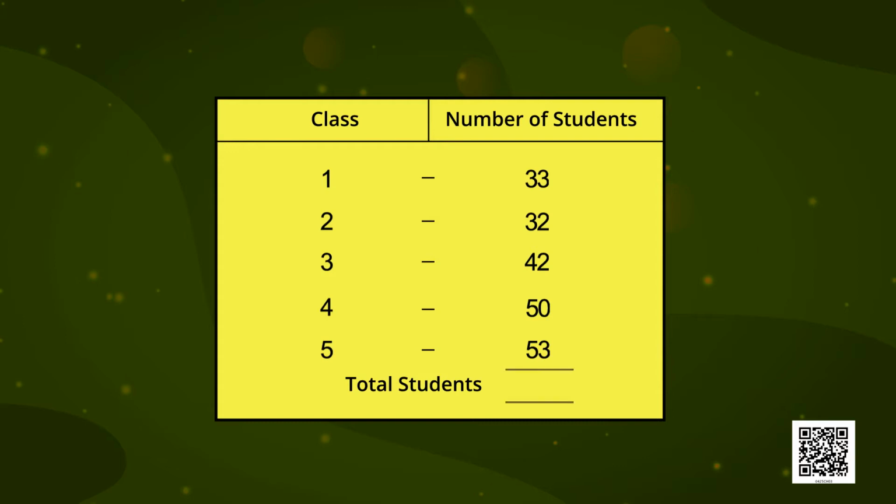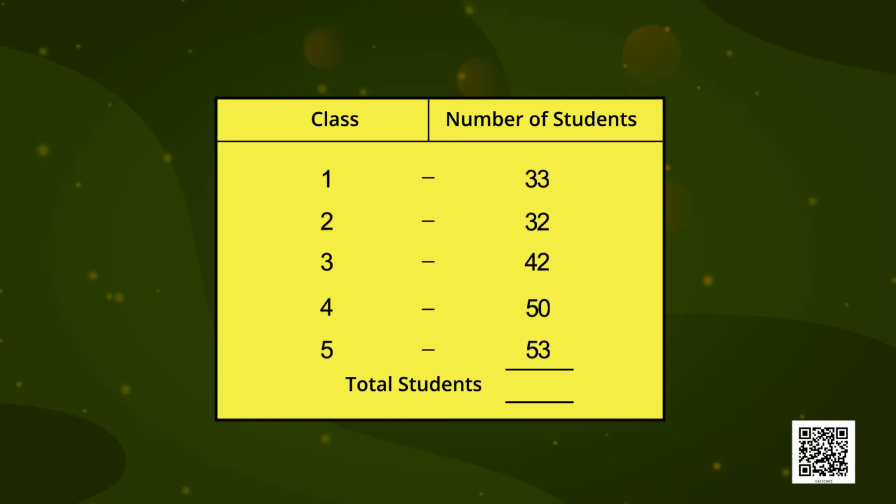So students, tell me how many students in all are going? Okay, I'm giving you some time to calculate. You can take your notebooks and find out how many students are going on the trip. You can take your time.